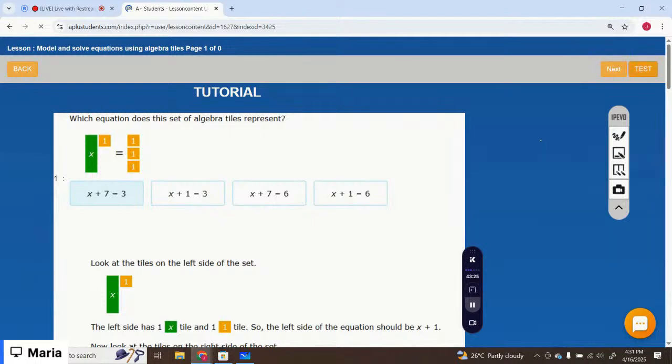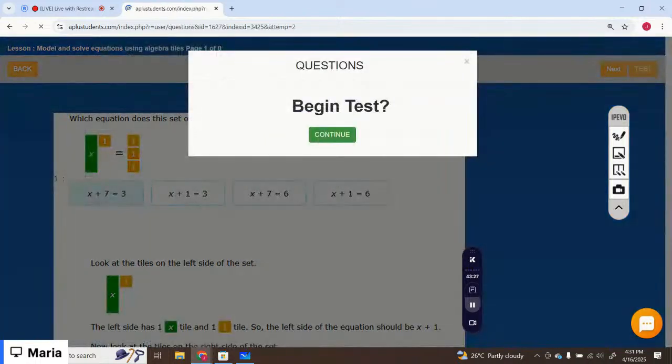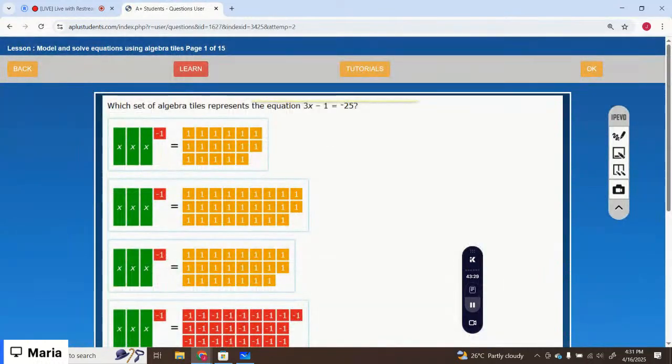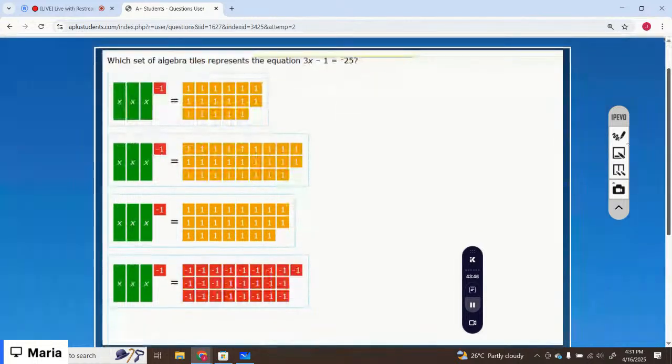Let's just start with the test questions. Which set of algebra tiles represent 3x minus 1 equals negative 25? Option number 1, the fourth one, is the correct option.